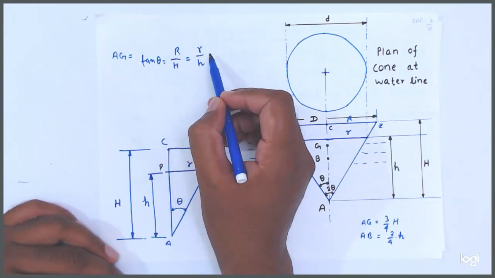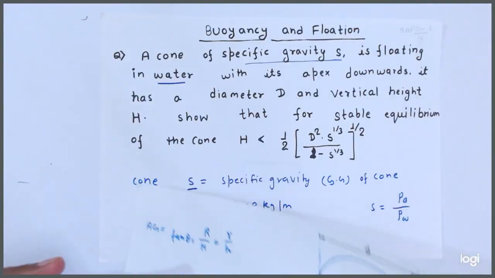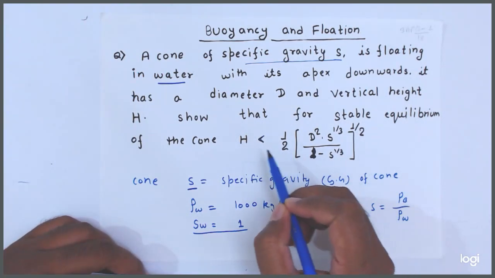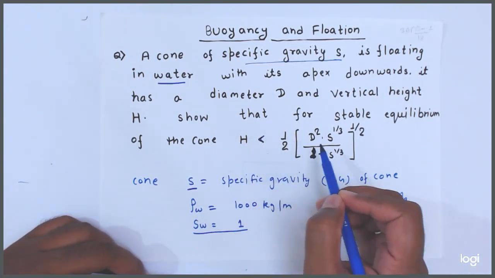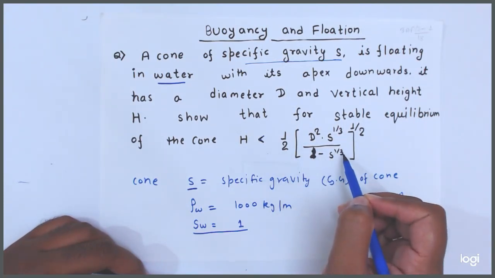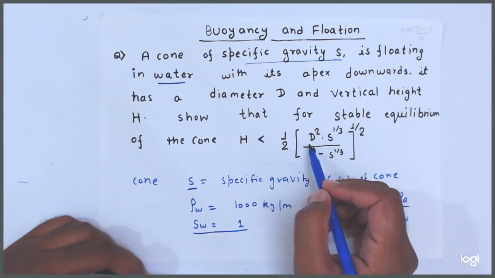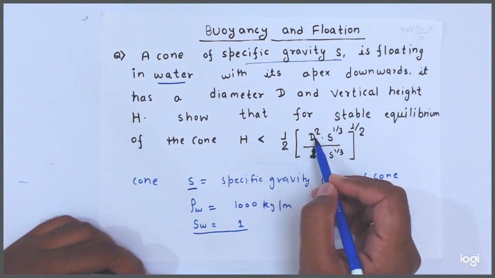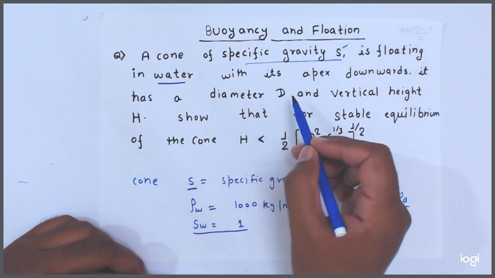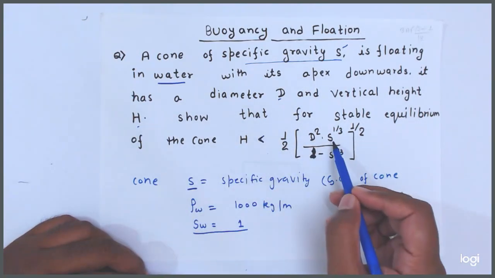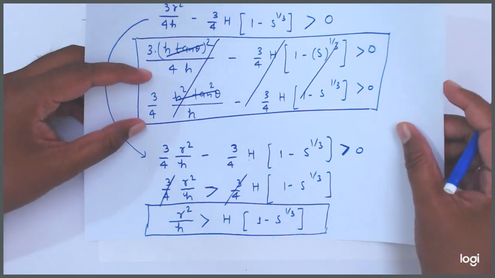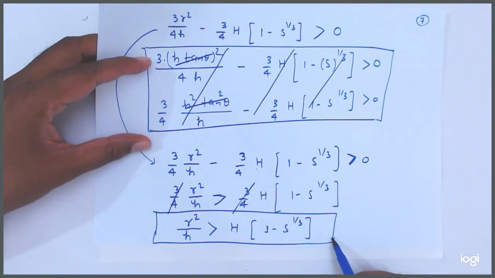We will use this equation because what we first have to derive, friends, is that h should be less than 1 by 2 D, capital D square h to the power 1 by 3 upon 1 minus h to the power 1 by 3, to the power 1 by 2. So the term capital D should come in. We have to determine the h term and the d term in this form only. So friends, we are able to derive up to this.